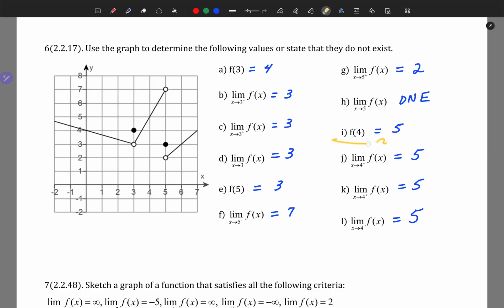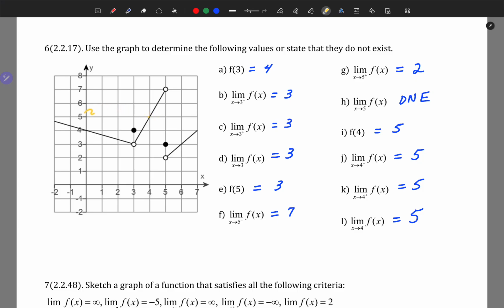Now, part I, it's saying, well, what's the function evaluated at 4? Notice at 4, there's no solid dot or anything like that. That's not a problem. If I ask you what f of 4 is, then you just say, well, f of 4 is right here. The line is solid through there. It's just you don't need a specific point there to define it because you got the whole line. Well, what is the y value there?